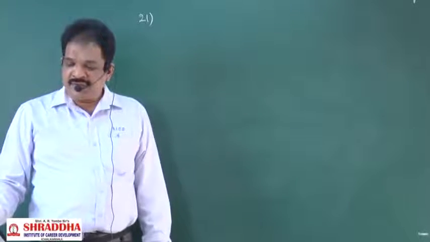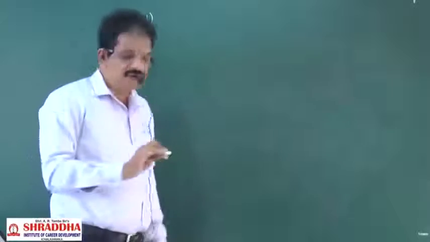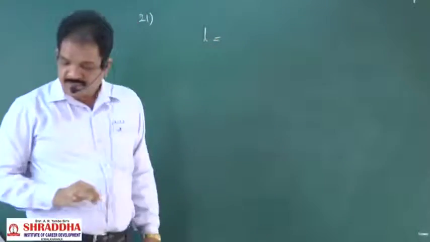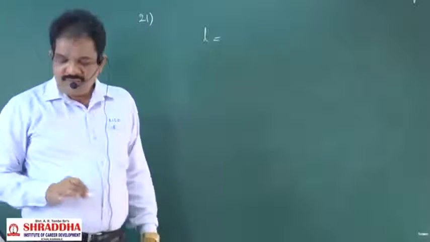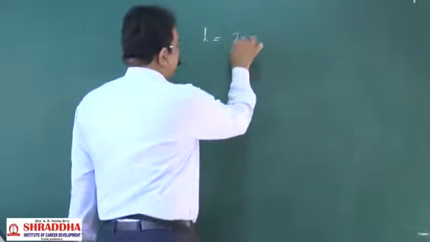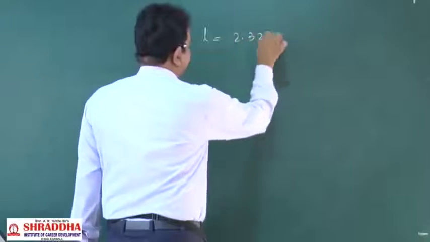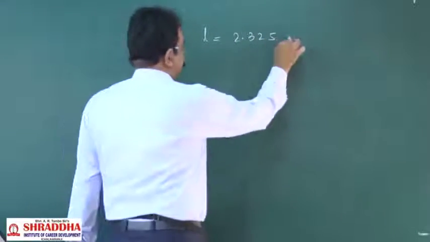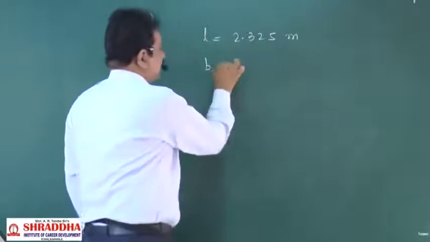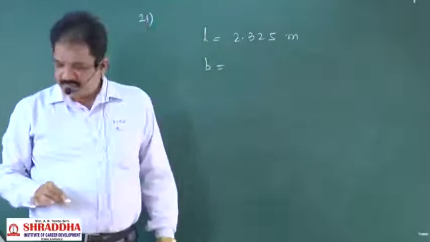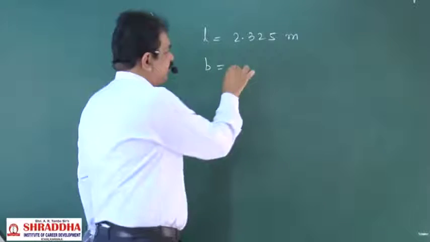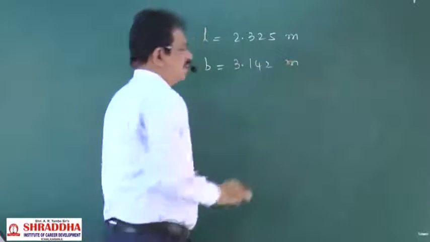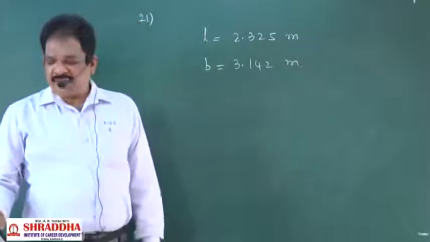Length given, breadth given. Length value is 2.325 meter. Breadth is 3.142 meter.